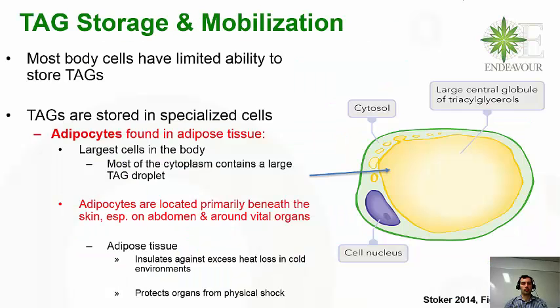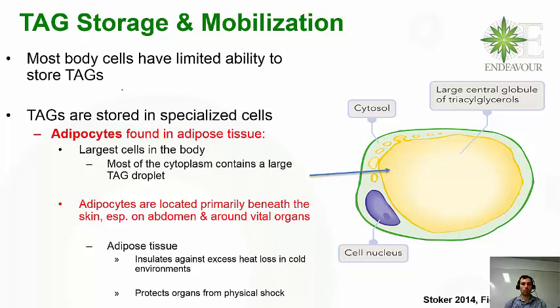So here we can see storage of the triacylglycerol. So basically we've got a huge number of triacylglycerols within this yellow droplet, and you can see that that's taking up the large amount of this adipocyte cell itself.